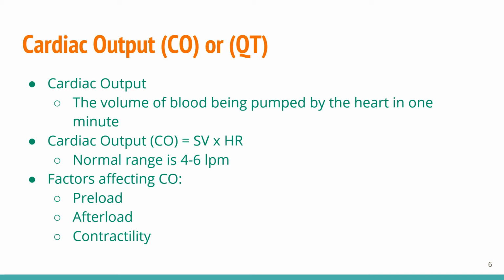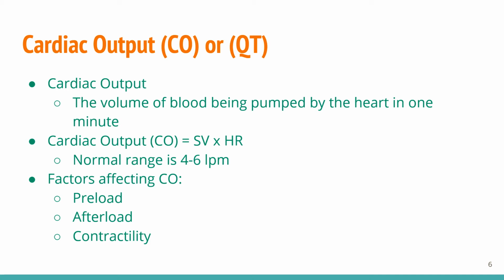It can also happen when you have too much fluid on board. If your kidneys aren't functioning well and you have a backup of fluid in your system, so you're fluid overloaded, you have too much blood to push against, too much volume, and that's going to increase your afterload. It increases your resistance, and that's going to make your heart work harder. We'll talk more about that.